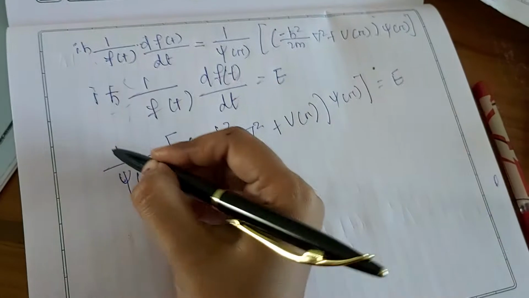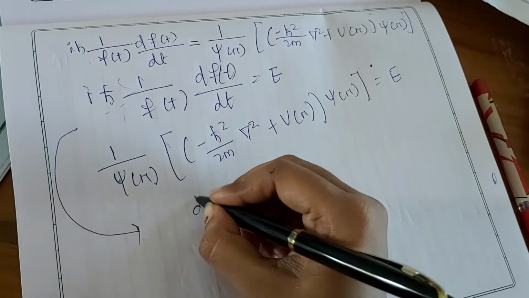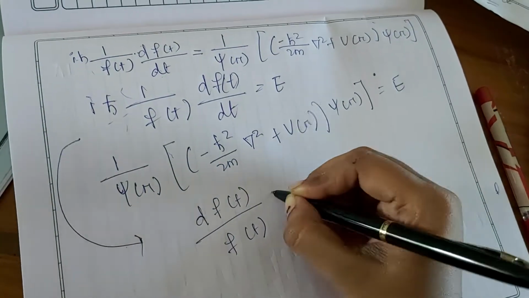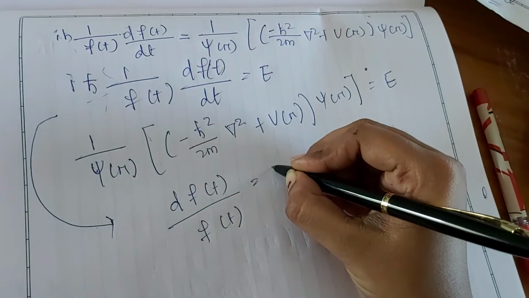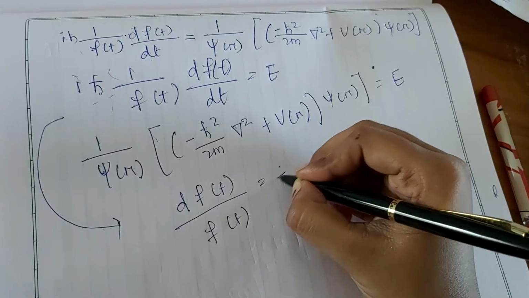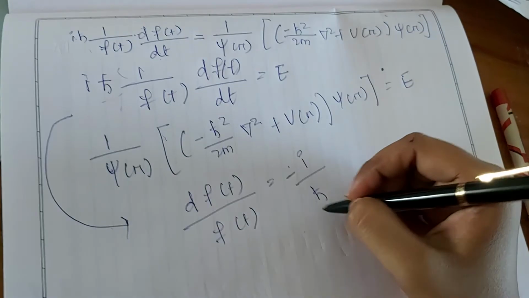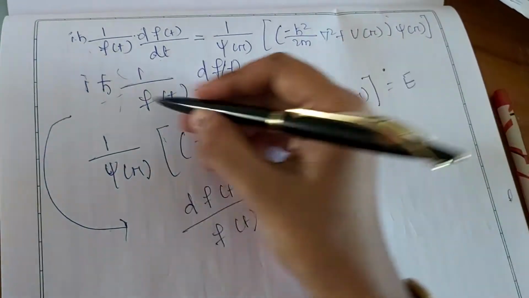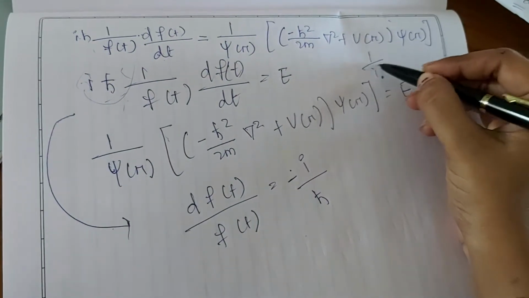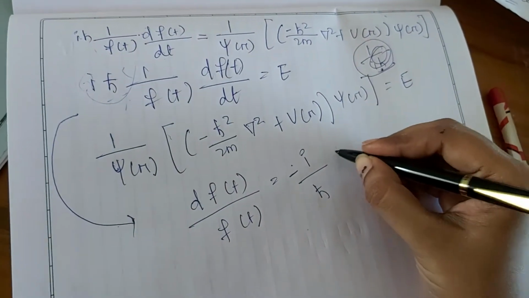From this equation, if I do the integration, df of t by f of t is equal to minus i by h cut E dt.